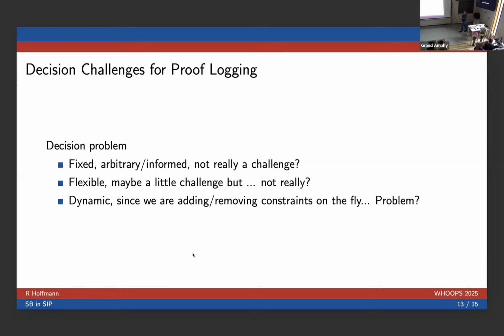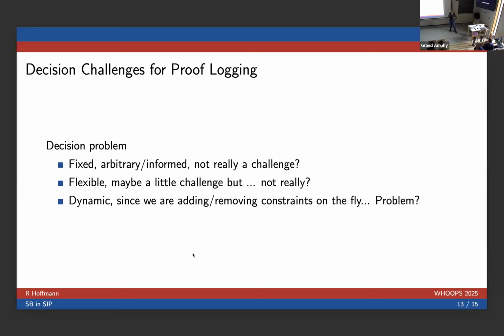Flexible could be a little bit challenging, mainly because when we are creating that order during search, we might have to adjust what we're proof logging and how our proof logging is actually done. But I'm not necessarily seeing a big issue with it unless somebody shouts at me right now. On the other hand, dynamic, I am seeing more problems coming through because we're extending and retracting. So we're adding and removing constraints and we're changing them around.